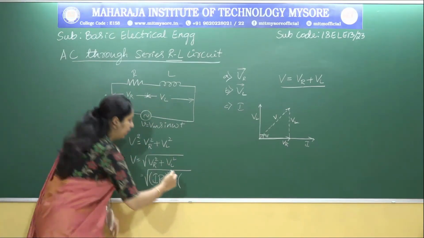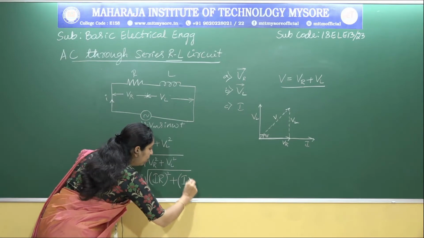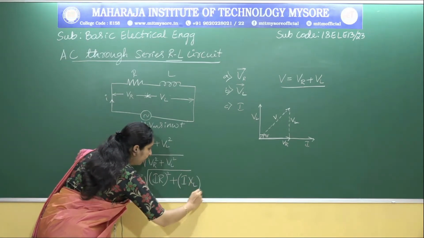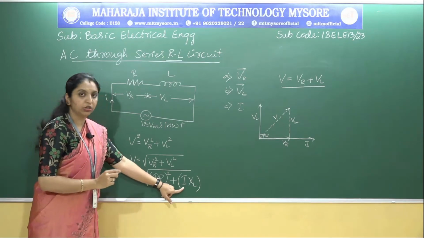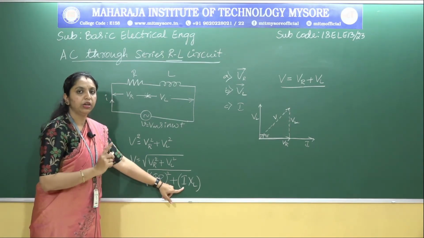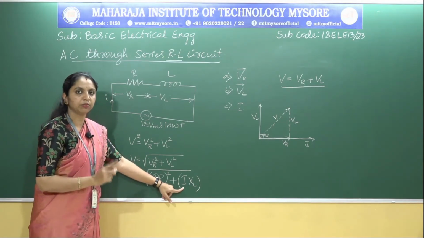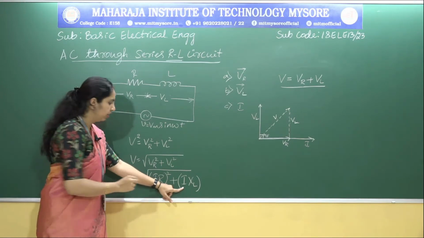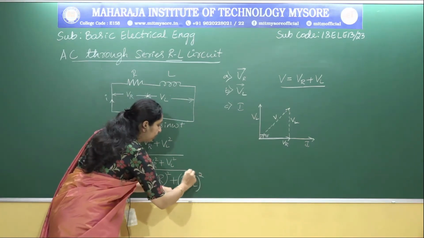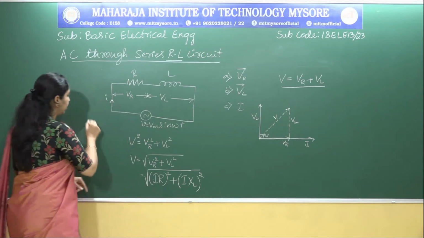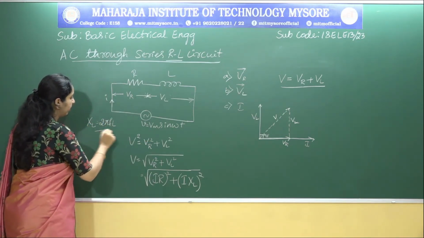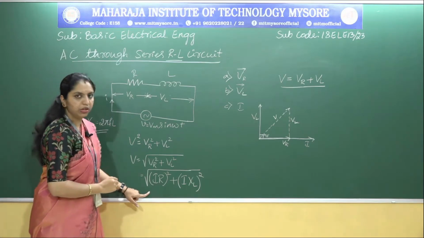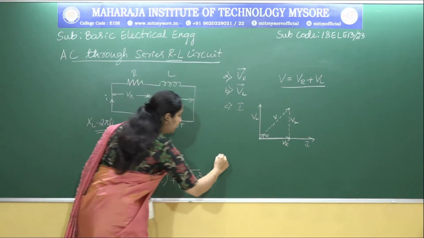Remember, I can write this as I into XL. Please be careful, it is not I into L, it is I into XL. We need to express it in terms of XL, so XL square. What is XL? XL is equal to 2 pi f into L.